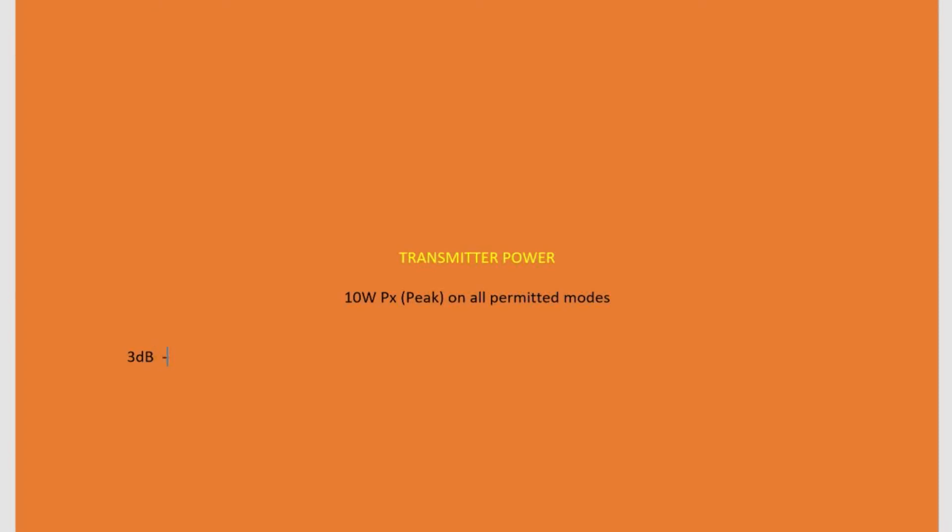So if you have an antenna with a gain of 3 dB, the effective radiated power would be 20 watts peak, because 3 dB is a doubling of power. And if you had 6 dB, well, that's a doubling of power twice.